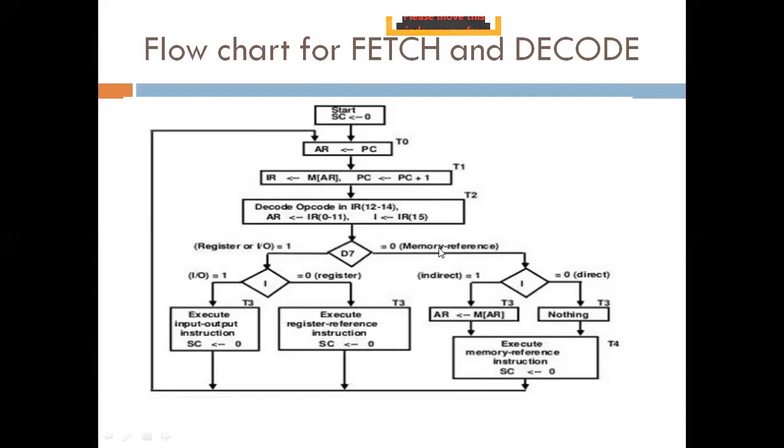For the memory reference instruction, if the value of I is equal to 1, then it is an indirect memory reference instruction, and once again it takes the data from the address stored at the AR. And if the value of I is equal to 0, then it is a direct memory reference instruction. So in both cases, finally it is going to execute the memory reference instruction.